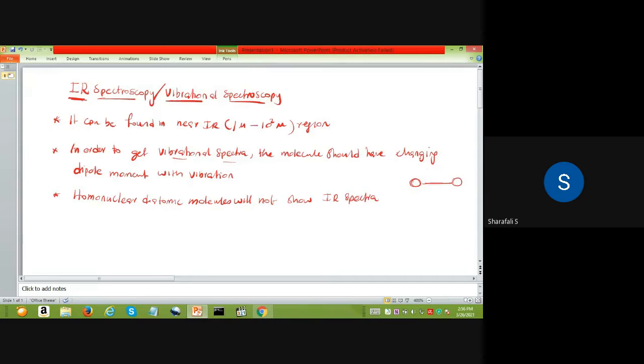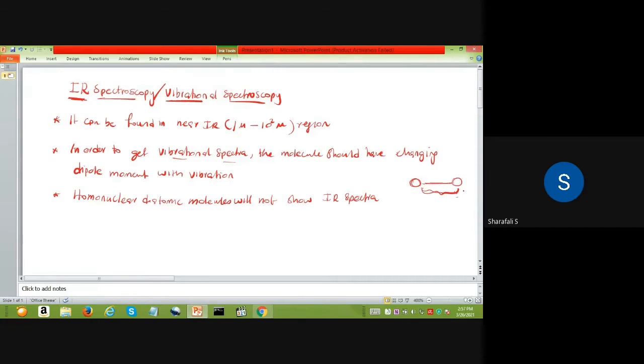So the dipole moment is zero. In order to have a dipole moment, we need opposite charges separated by a distance.